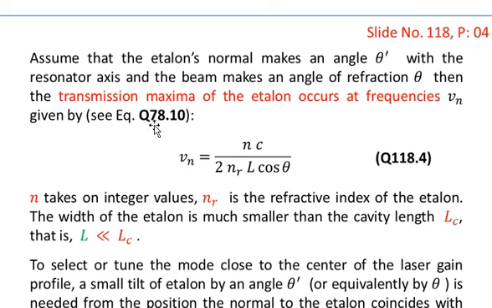And you see that I have given you the reference of this equation, that is equation number 4, to have a look at equation 78.10. So this equation, equation number 4, has been taken from slide number 78 and equation number 10.